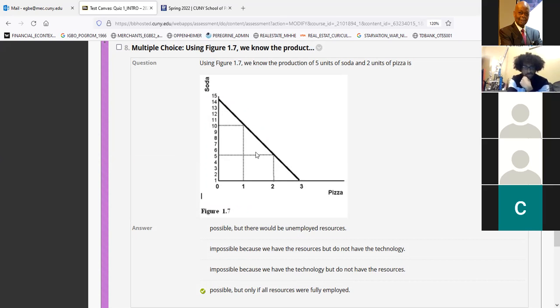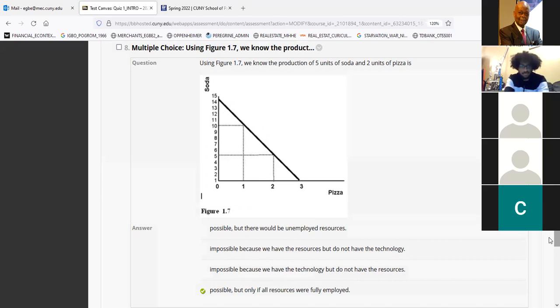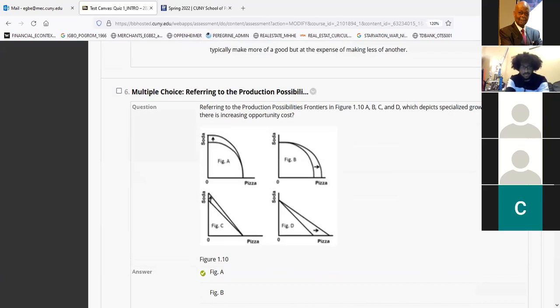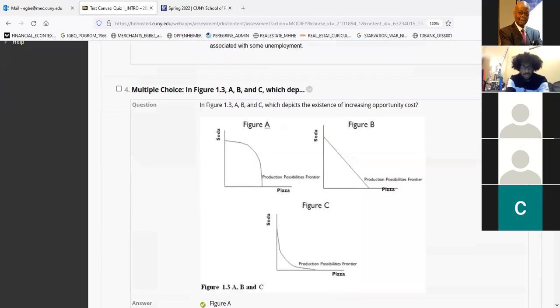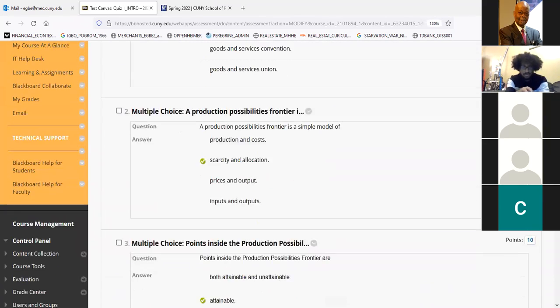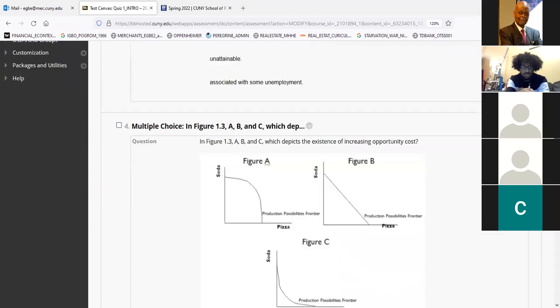Let me see. I need to get some kind of marker so I can see this. Now, remember when we talked about the production possibility frontier? Yeah. Okay. Let me go back here. Can you use that as an example? Yes, I'm going to use that as an example.